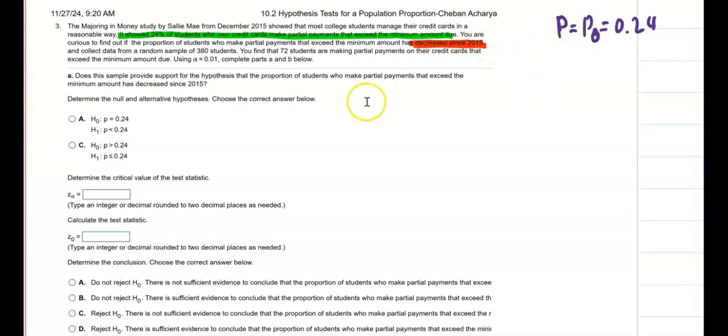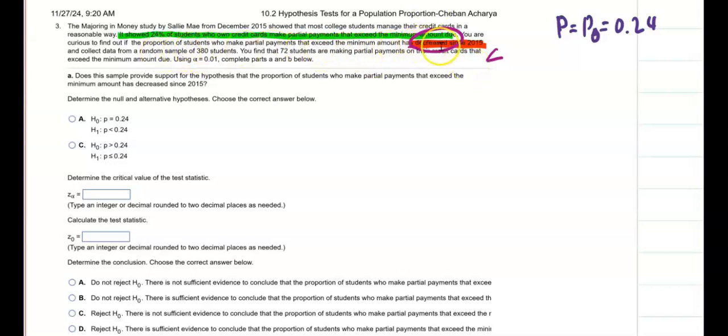You are trying to test if this 0.24 is still the true proportion, and find evidence to support that it has decreased. The word decrease means less than, so you have to use less than in the alternative hypothesis.